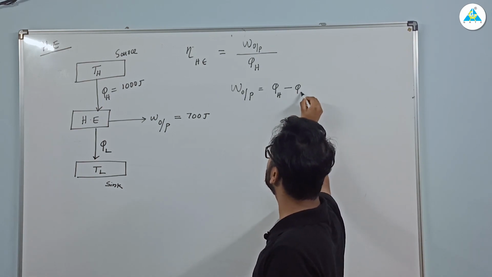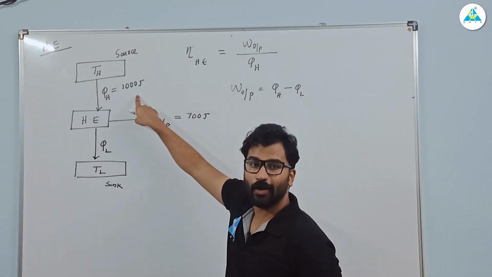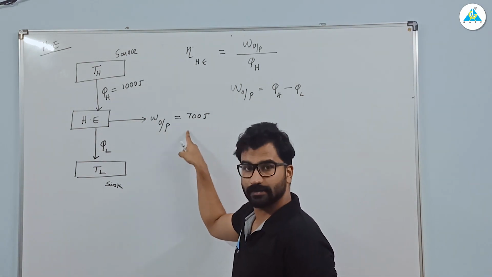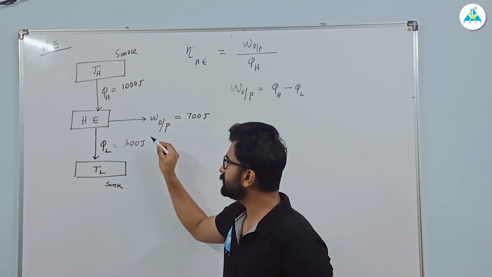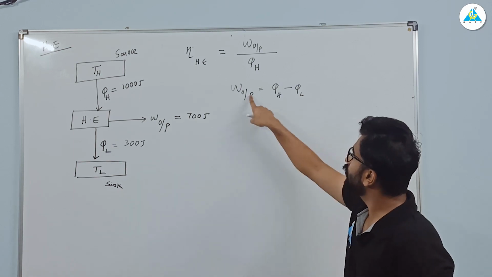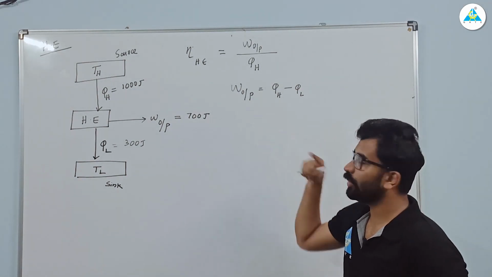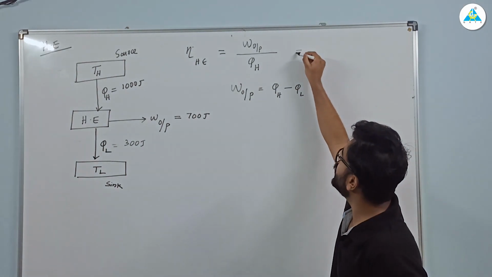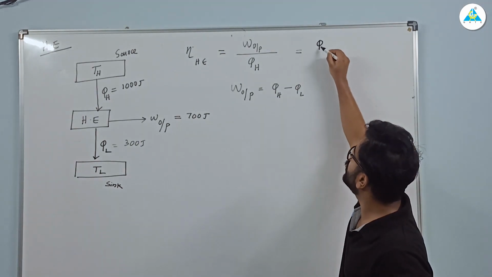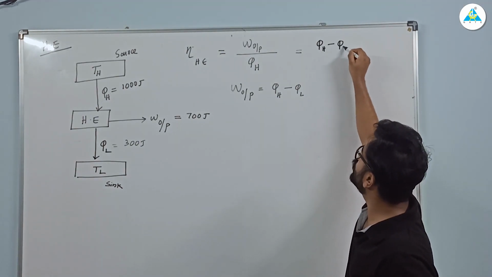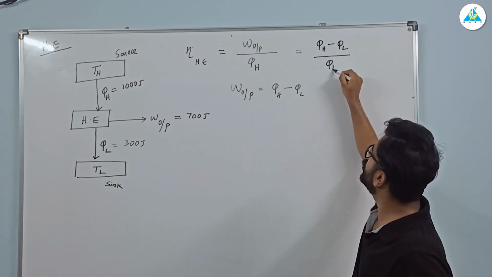Can I write this work output as QH minus QL? Because out of 1000, 700 is converted to work. The remaining 300 joule will be rejected to outside. So QH minus QL is the work output. So it will be QH minus QL divided by QH.